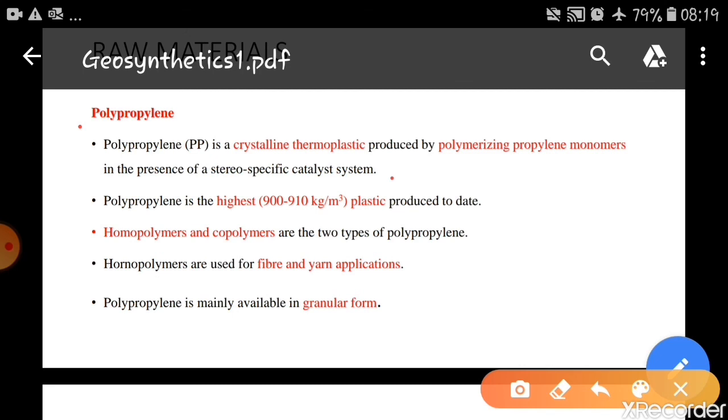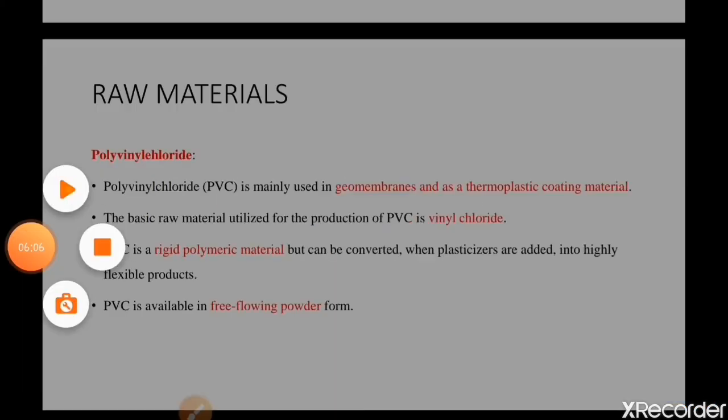The density of polypropylene is 900 to 910 kg per meter cube. Homopolymers and copolymers are the two types of polypropylene. Homopolymers are used for fiber and yarn applications, and polypropylene is mainly available in granular forms.